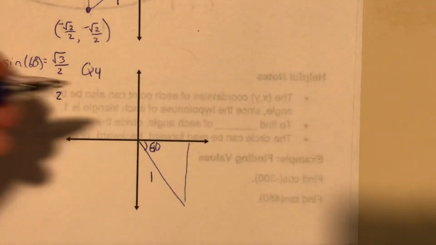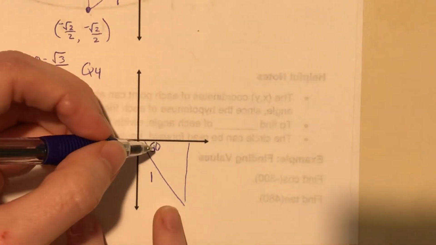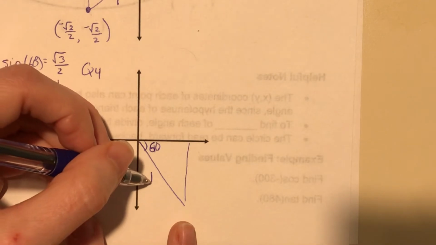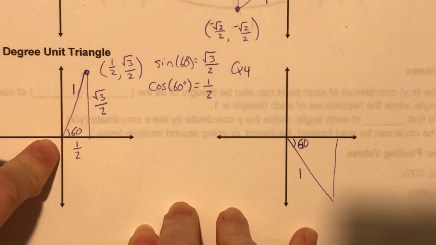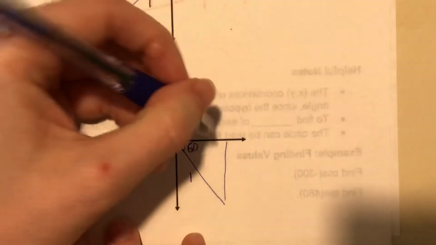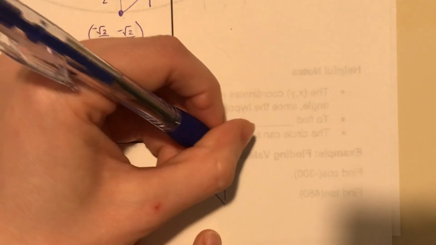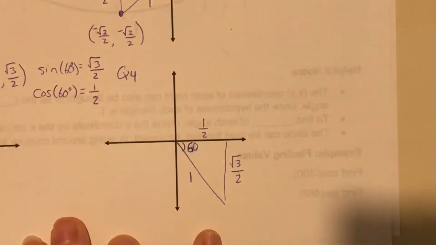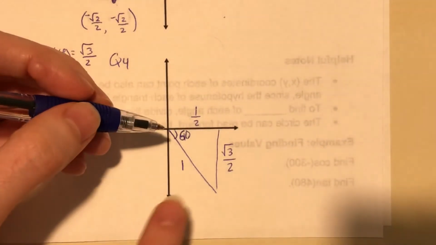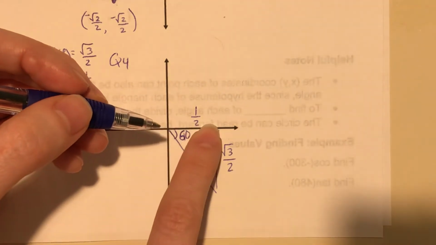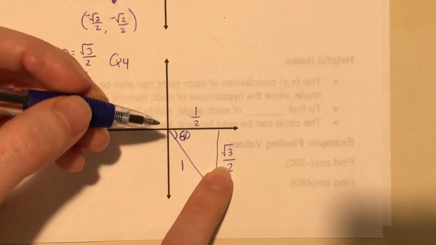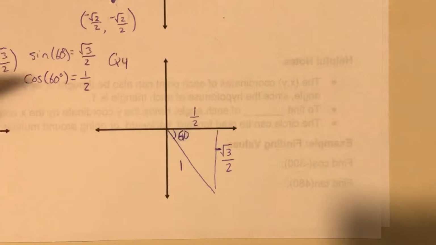Okay, so that's not a very good 60-degree angle, but we know our ratios. So if this is a ratio of 1, we can kind of use these coordinates to help us also. Then we know that the short leg is 1/2 and the long leg is the square root of 3 over 2. But of course, it's in quadrant 4, which means that our x coordinate is positive, but our y coordinate is negative. So our y coordinate is negative root 3 over 2.